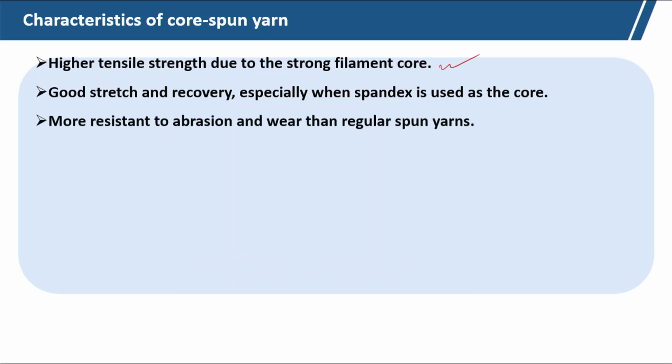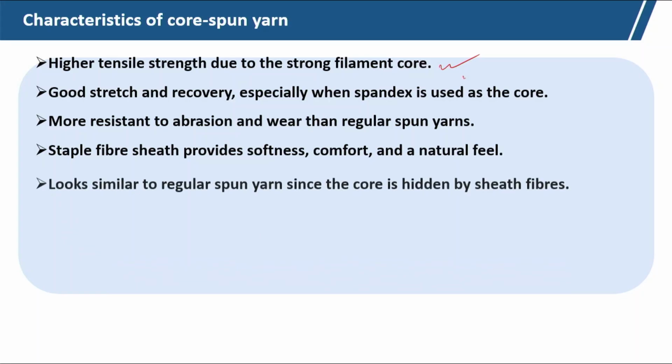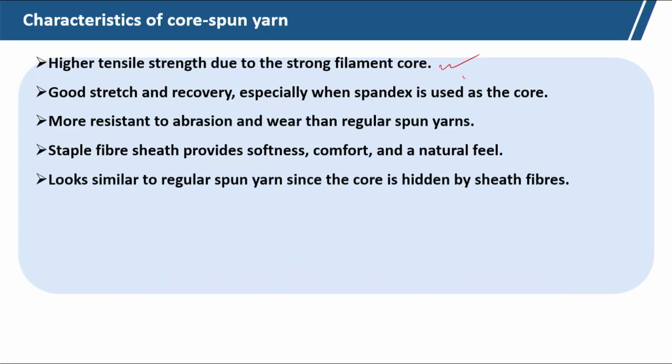It is more resistant to abrasion and wear than regular spun yarn due to the presence of the core filament. The staple fiber sheath provides softness, comfort and natural feel, and it looks similar to ring spun yarn since the core is hidden in the sheath. So, it looks like a ring spun yarn, feels like ring spun yarn, but is very strong.